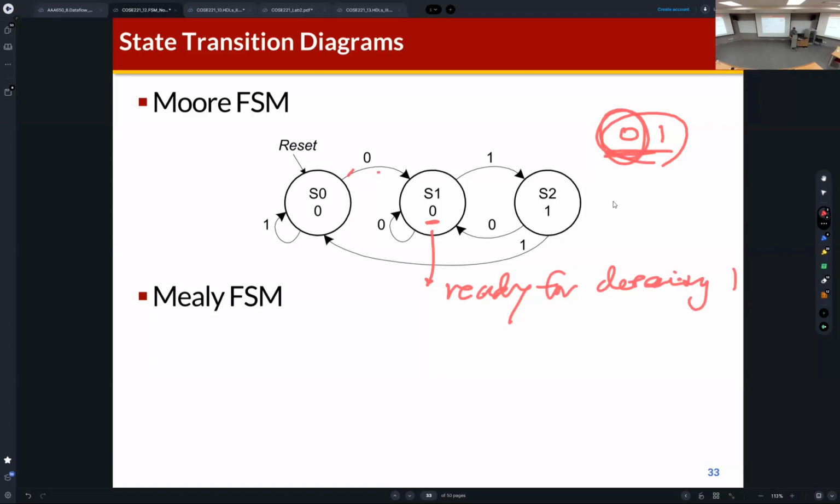We need to detect these two transitions, 0 and 1, so it becomes S2 and the output becomes 1.